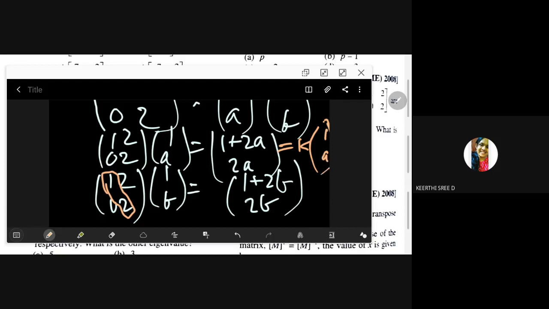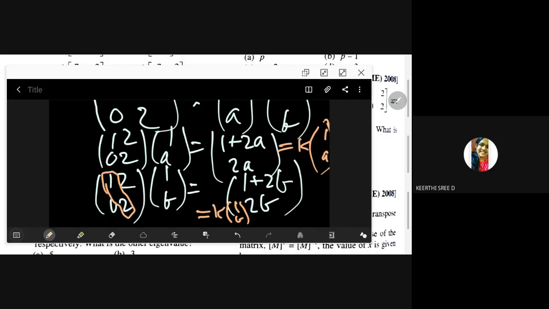Similarly, this is some k into 1b. So how to get this? Our k choice is either 1 or 2.